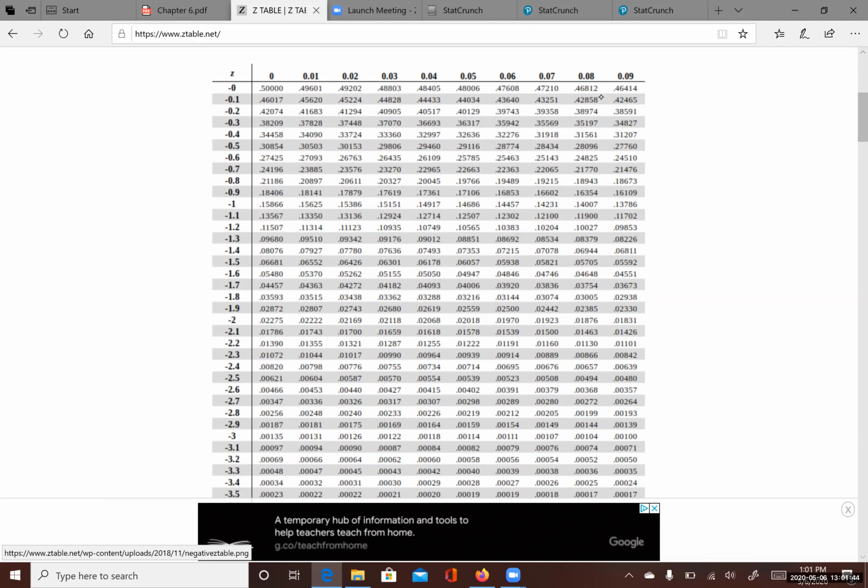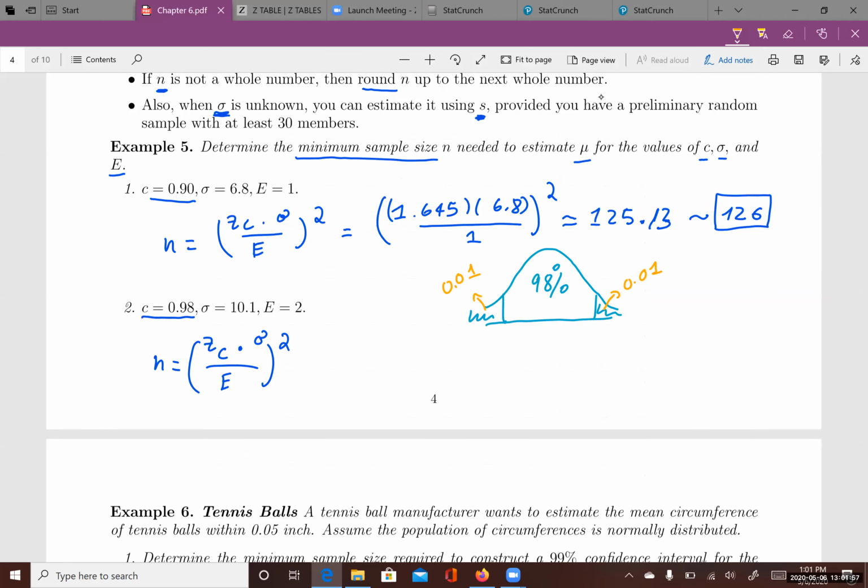0.0099 here is the closest value. So the Z value for 0.01 is 2.33. So 2.33 is the critical value. So it's going to be 2.33 times 10.1 divided by 2, squared.